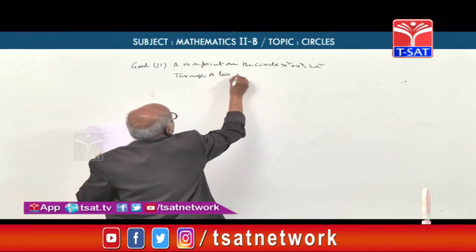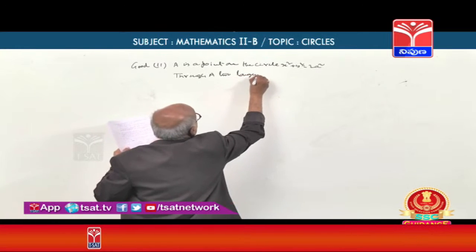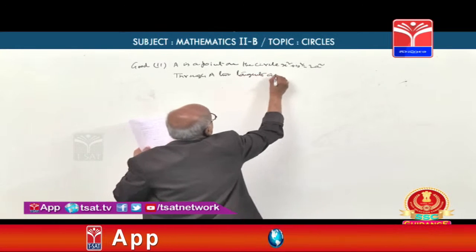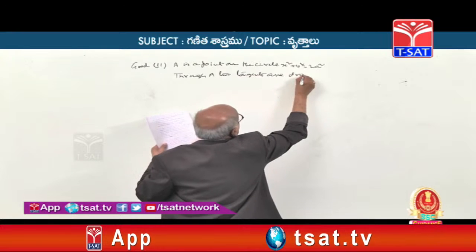Number 11. A is a point on the circle x square plus y square is equal to 2a square.